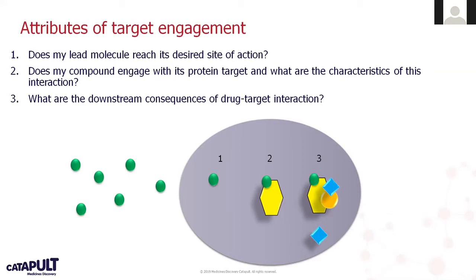And if you can get some idea of the amount of modulation of the pathway that's needed to modulate the disease, then you can try and tie that to the amount of activity at your target, the amount of target occupancy you require for the desired effect.